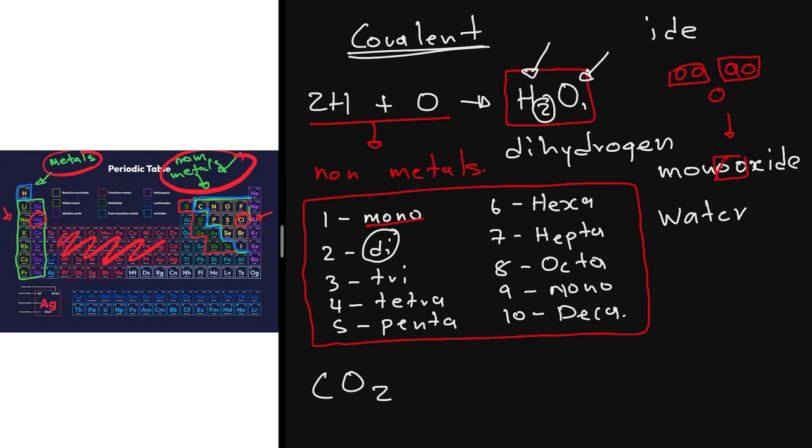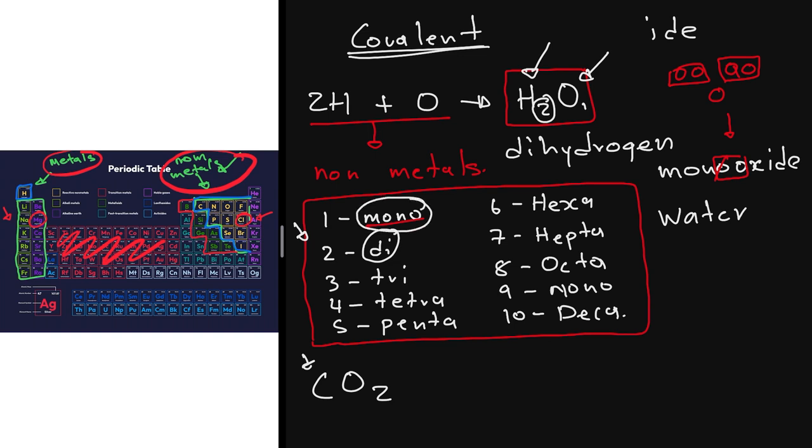We have CO2. The first element, we just label it as it is. But you need to remember this: when the first element is only one element, the prefix mono is not necessary.